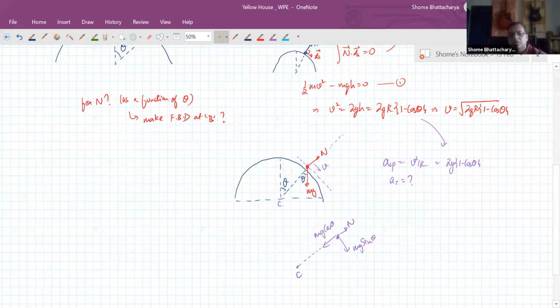The centripetal acceleration is pointing in this direction, and the tangential acceleration is pointing in this direction. So the centripetal force is mg cos theta minus normal reaction, and that should be equal to mass into centripetal acceleration. And the tangential force is mg sin theta, and that should be equal to mass into tangential acceleration. So substitute this value here, and from that we'll get the normal reaction.